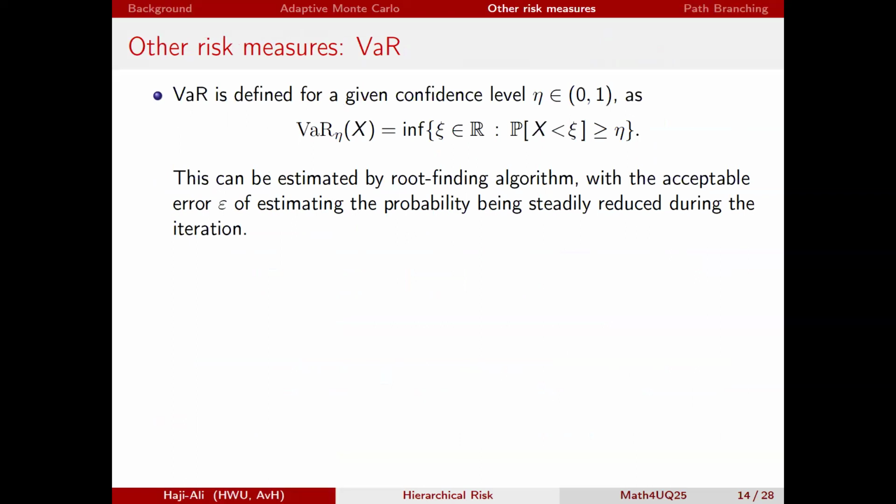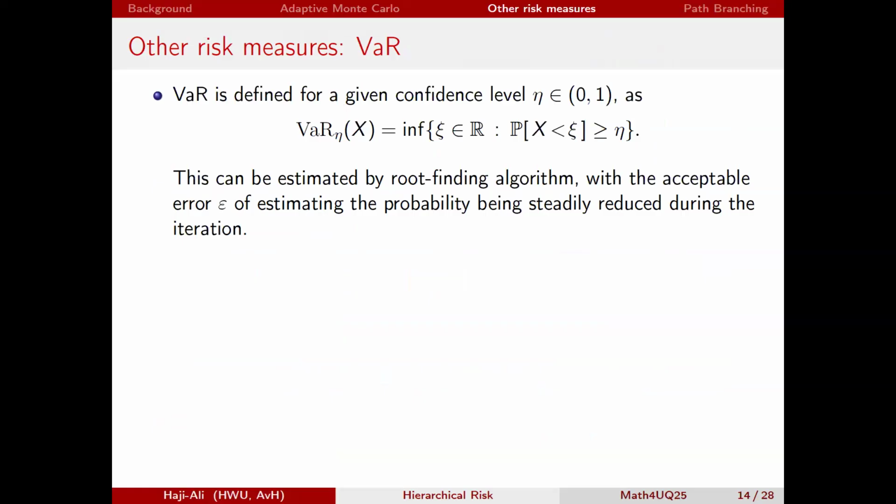Before I discuss the second method, I just want to make a quick mention of the other risk measures. We talked about the probability, but we can also talk about VaR. This is the value at risk, which is used traditionally in finance, but it's increasingly used also in industrial applications to assess the levels at which a certain risk is happening. So it's defined this way.